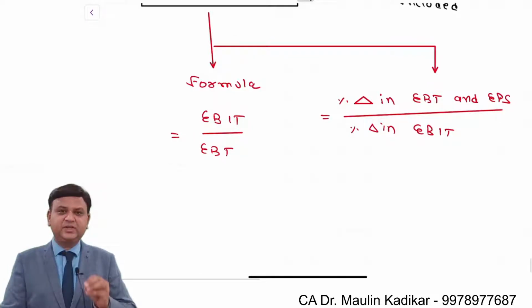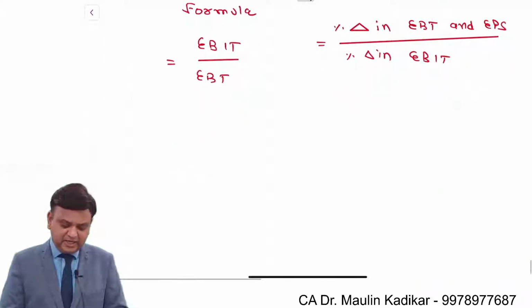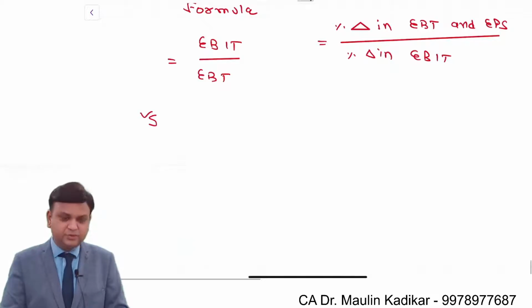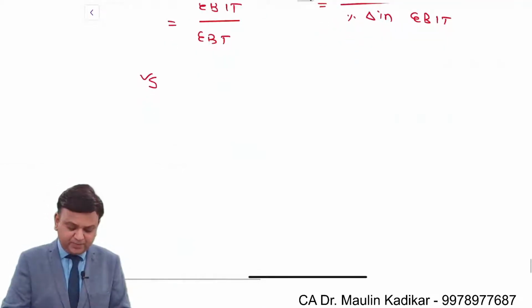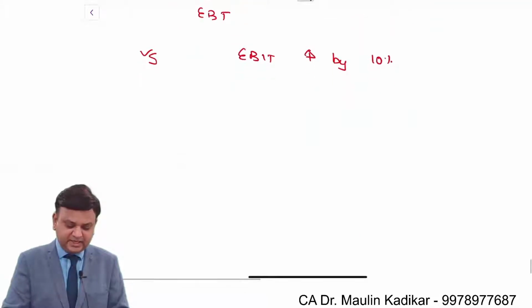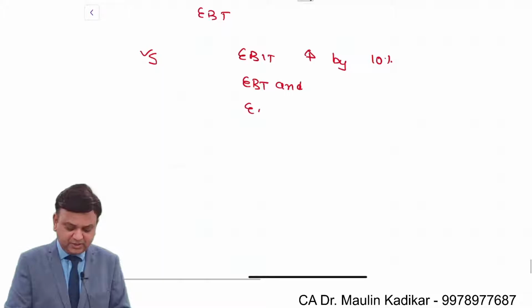For example, suppose DFL is 5. Then it is measuring that if the operating income increases by 10%, earnings before taxes and earnings per share will increase by 50%.